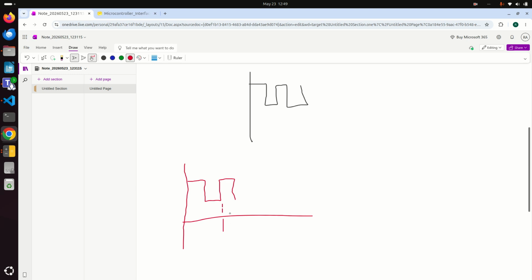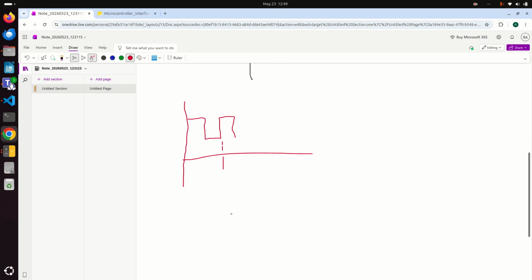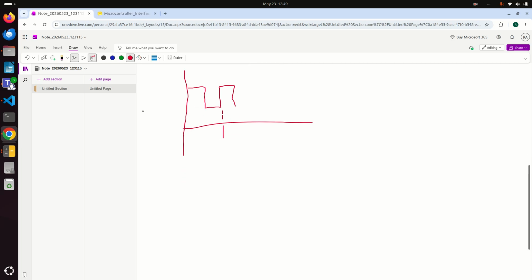So what we need to do, before that, let's find the value of frequency. Here we have a formula to find the frequency, that is F equals 1 divided by time period.